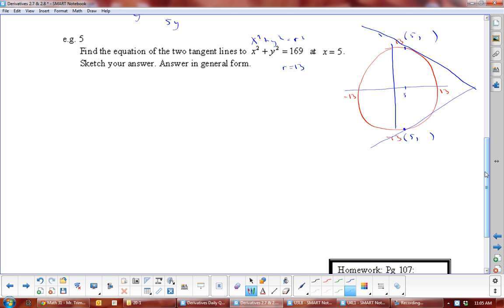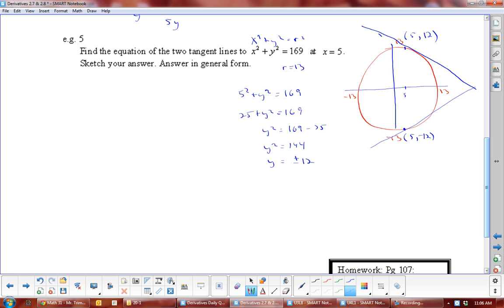So if we have 5 squared plus y squared equals 169, 25 plus y squared equals 169, y squared equals 169 minus 25, y squared equals 144. Therefore, y is plus and minus 12. So, 5, 12 and 5, negative 12.